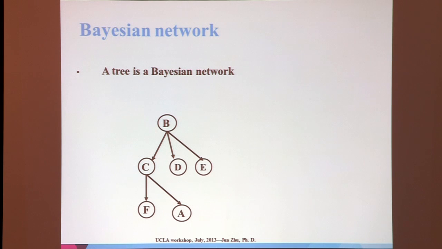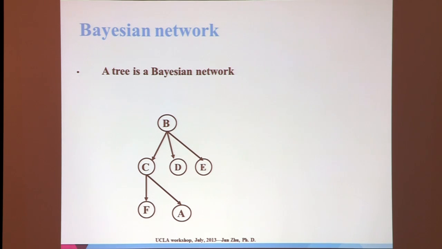This one is confusing. There are a lot of different forms of this Bayesian network. So this one is a tree form. A tree is part of a Bayesian network. So in the literature, people say here is a Bayesian network, like people say they construct a Bayesian network, especially for GO annotation, but actually it's just a tree.